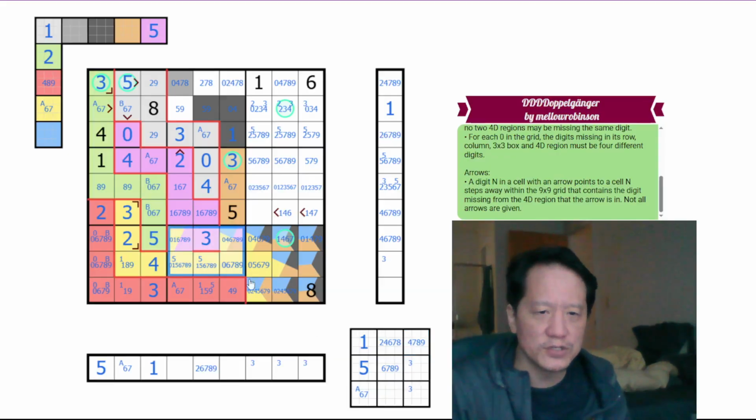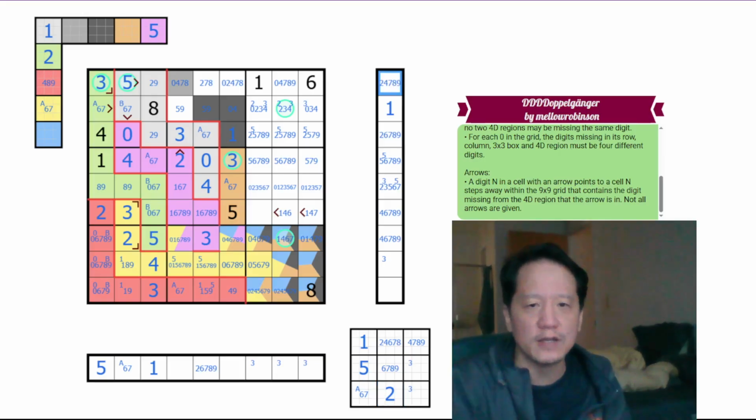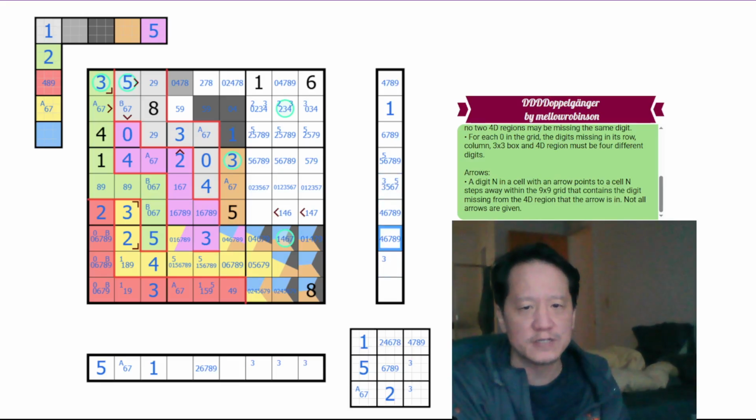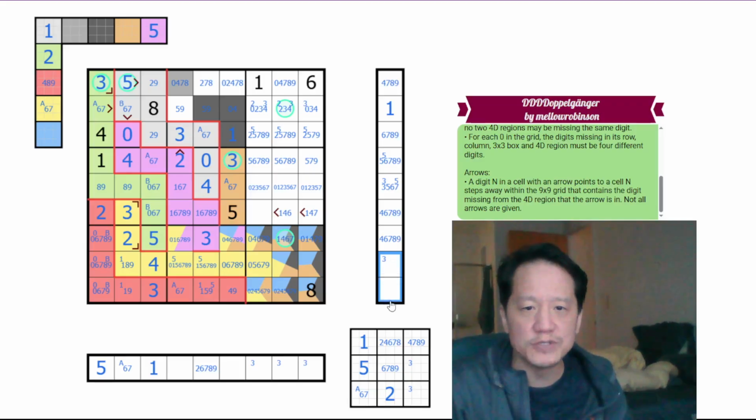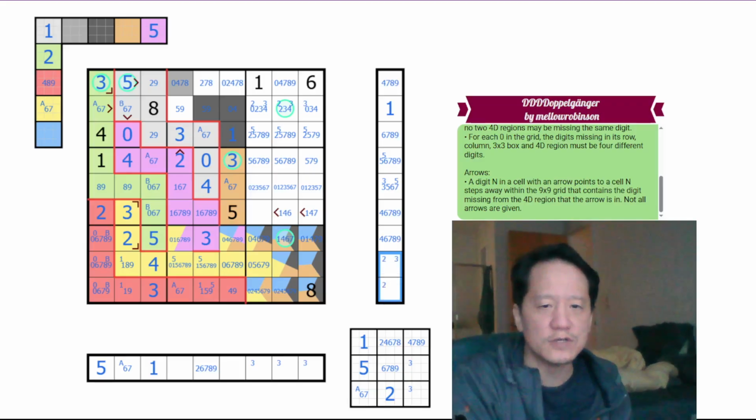We are missing a 2 in box 8. 2 can't be here, 2 can't be here, 2 can't be in yellow or red because we have 2 here. So we're missing a 2 in box 8. So we cannot be missing a 2 in rows 1, 3, or 5 because it has to be related to 7, 8, or 9 in rows 7, 8, or 9. So that means we're missing a 2 in one of these two cells here.